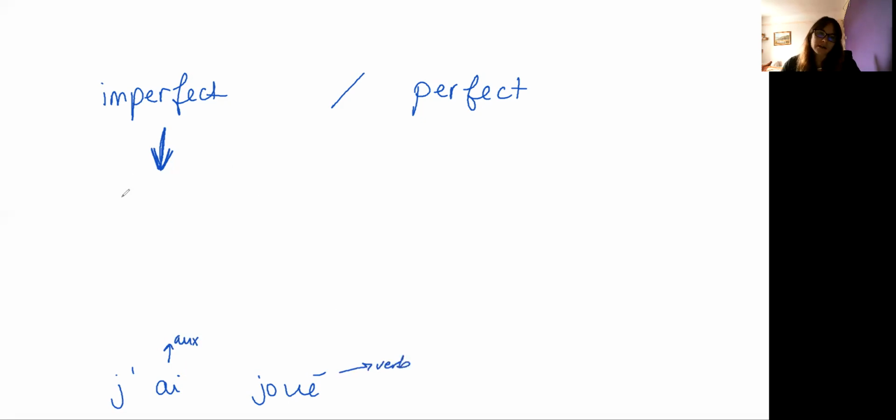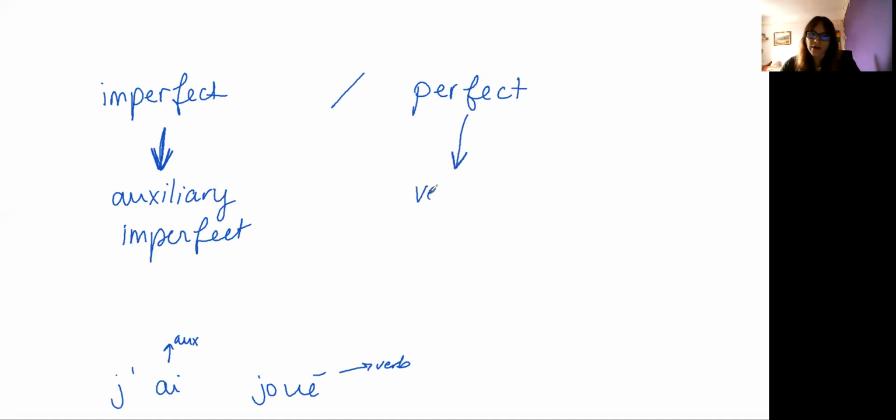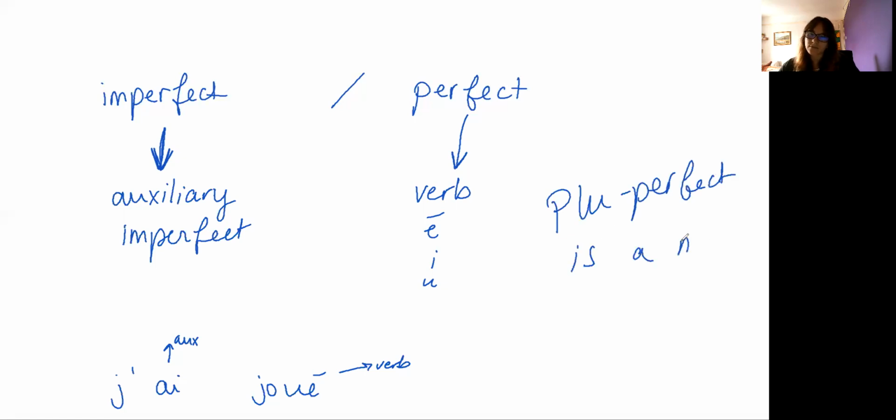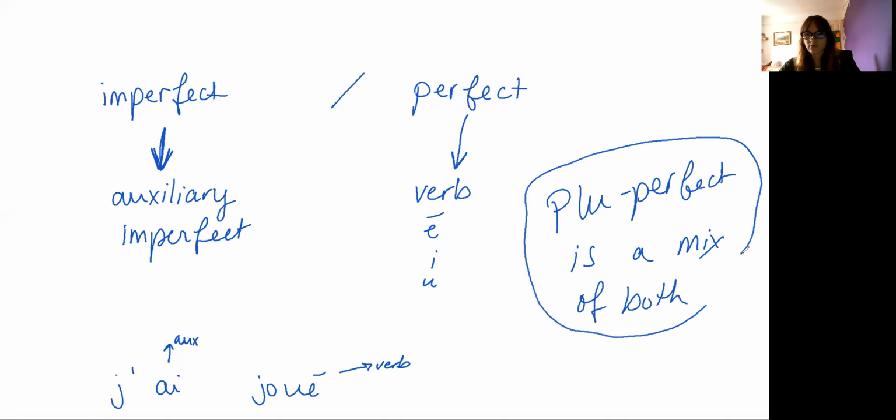Here your auxiliary is going to be in the imperfect, and you're going to use the same past participle as the perfect, the E, I, U kind of thing. So the pluperfect is a mix of both. If you can remember that, you basically won.